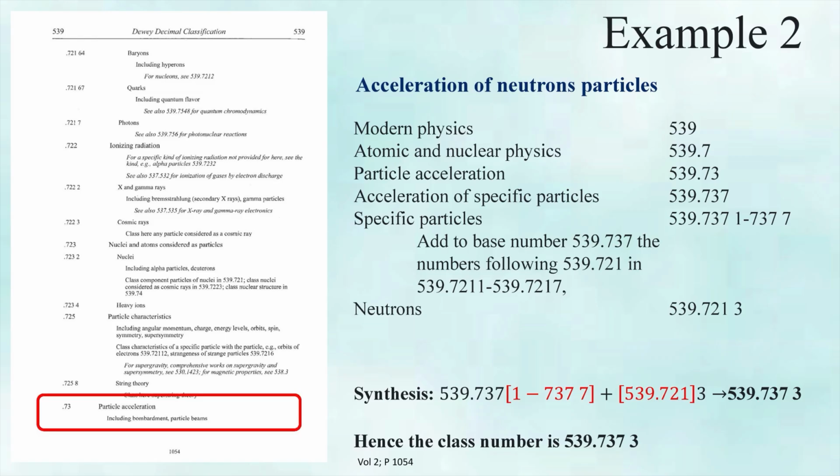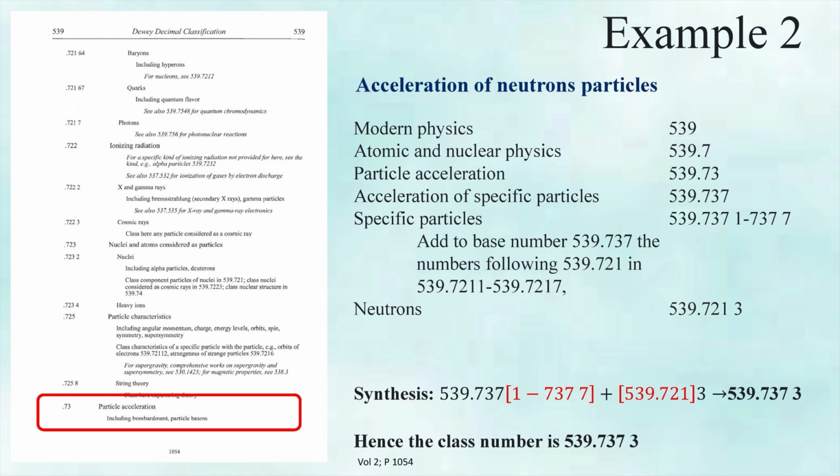Okay, so as per the instruction, we have to omit the 539.7371 to 539.7377. Then we have to add the number for neutron, omitting the initial six digits, that is 539.721.